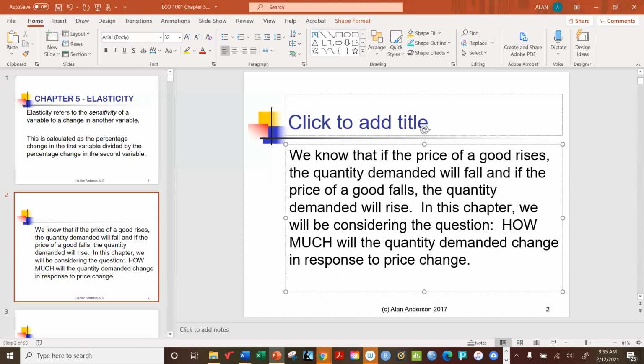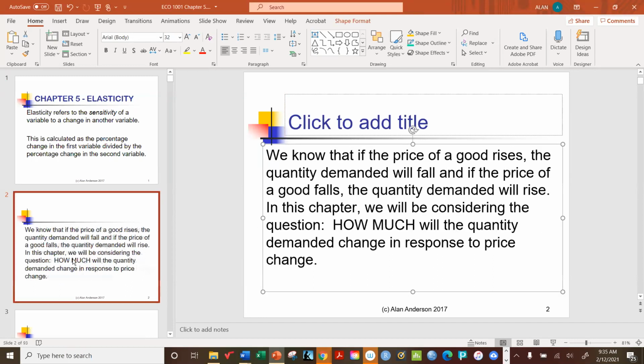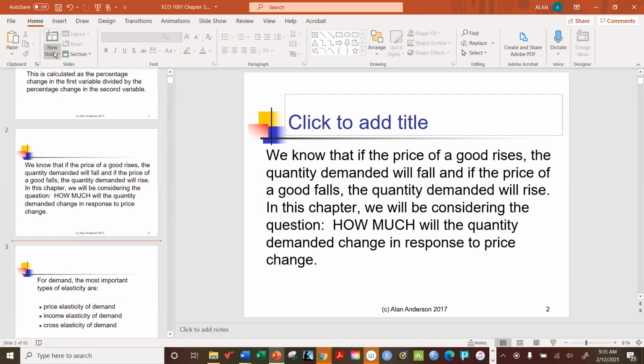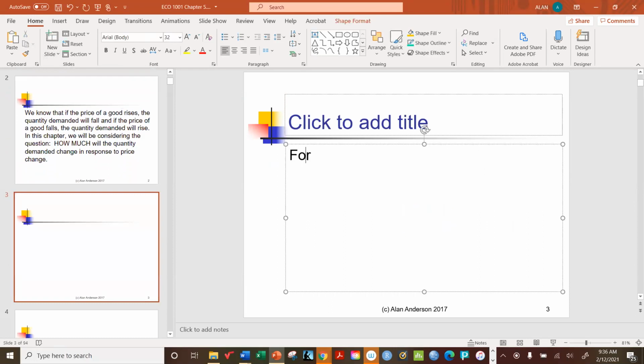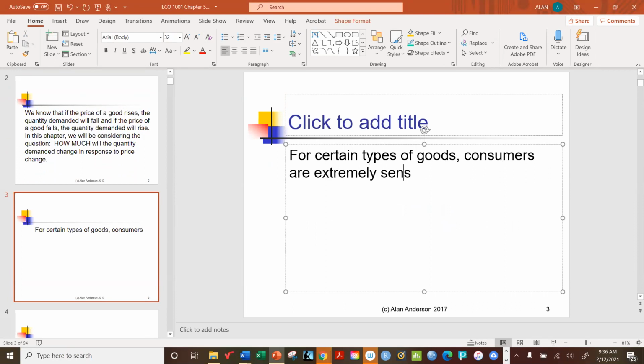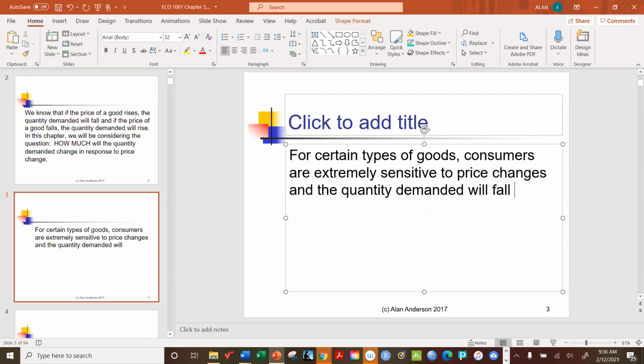For certain types of goods, consumers are extremely sensitive to price changes, and they will cut back on what they will buy. And the quantity demanded will fall significantly when the price goes up.